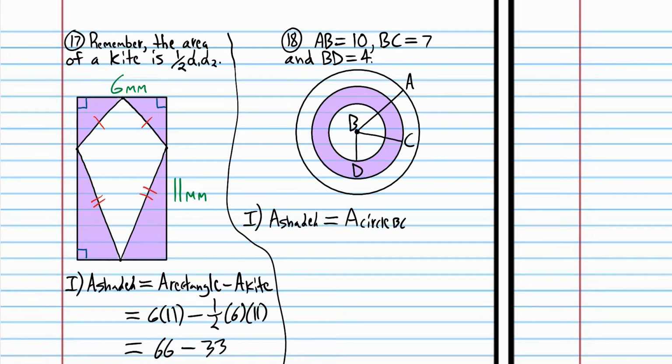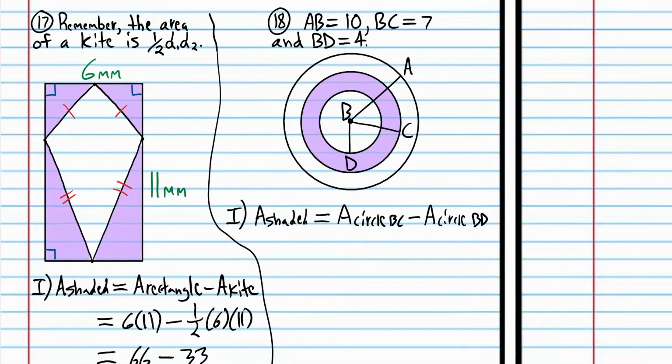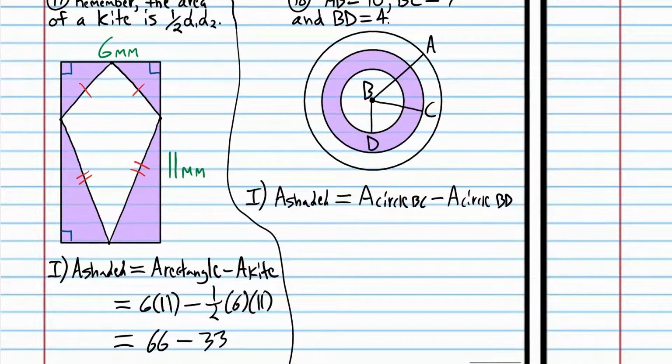So circle BC minus the area of circle BD. That's not exactly a standard notation there, but you get the point. We're taking the area of this circle, the whole thing here, and we're subtracting the area of this circle in here, and that'll give us the remainder part, the shaded region.